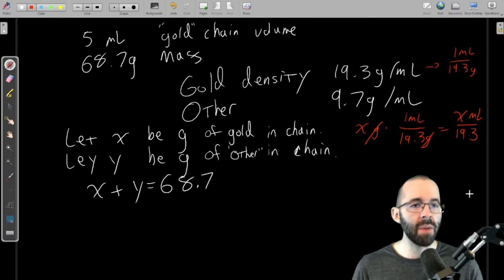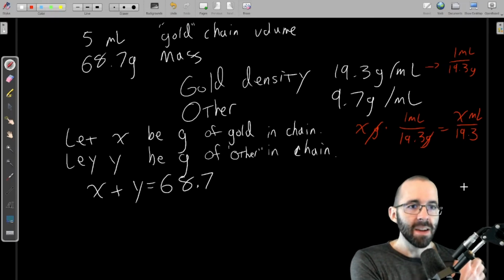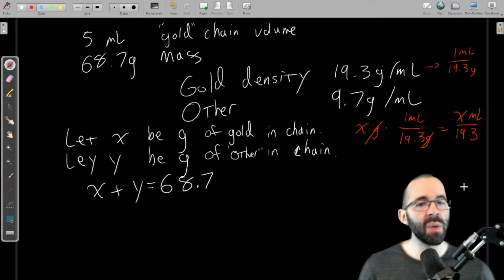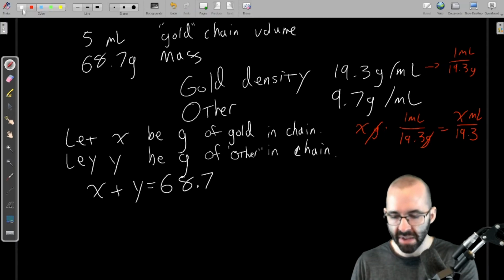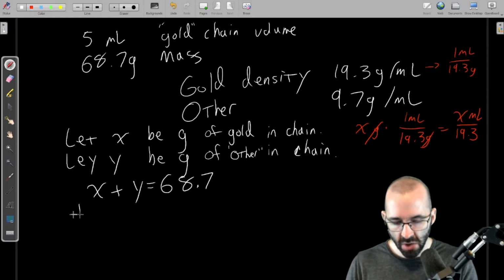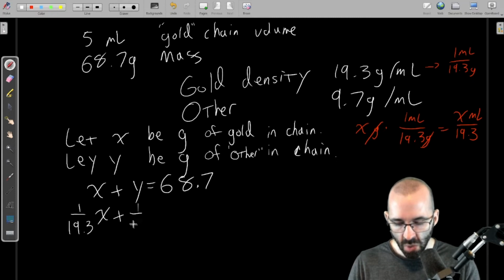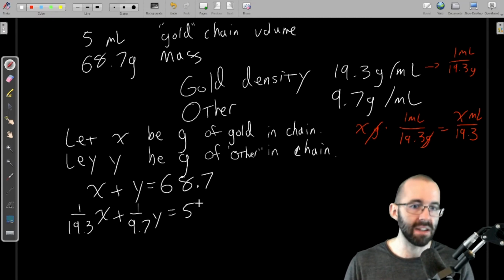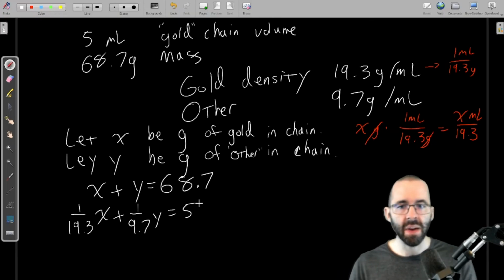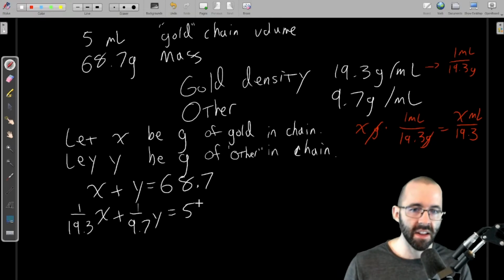So if we want to know how many milliliters the gold takes up, we just found it. We can do the same thing to find out the other one. So we're going to have 1 over 19.3 X plus the same thing for other metals, 1 over 9.7 times Y. We know that has to be 5 milliliters. Now we have a system of equations that we can solve.